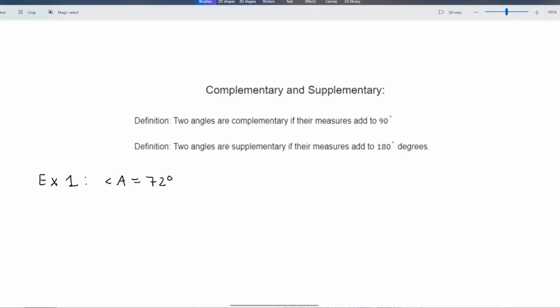First we are going to find the complementary angle, and then for part B, we're going to find the supplementary angle.